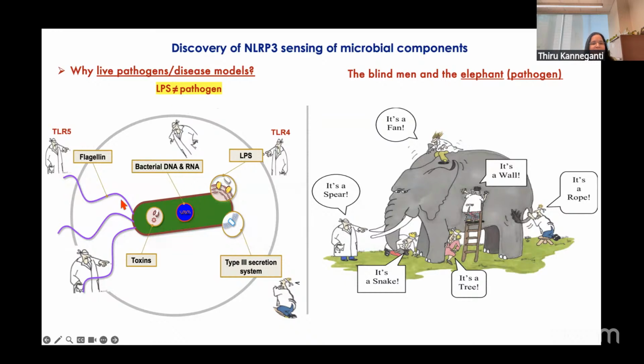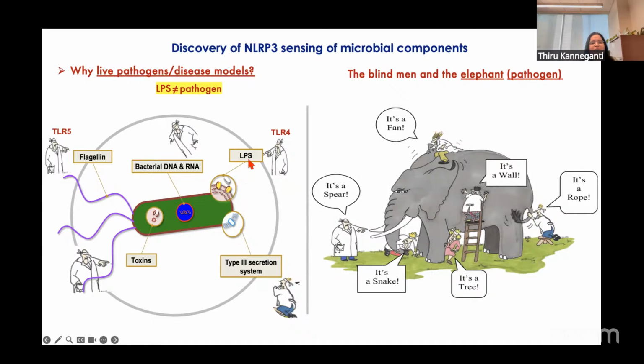If you look at a pathogen here, which is Salmonella, you can see the PAMPs, pathogen-associated molecular patterns, that are there. There is flagellin, it can release toxins, Salmonella can form pores using the type 3 secretion system. It's a gram-negative bacterium, so it has LPS. And then when bacteria are getting degraded in the host, many of these PAMPs are released.